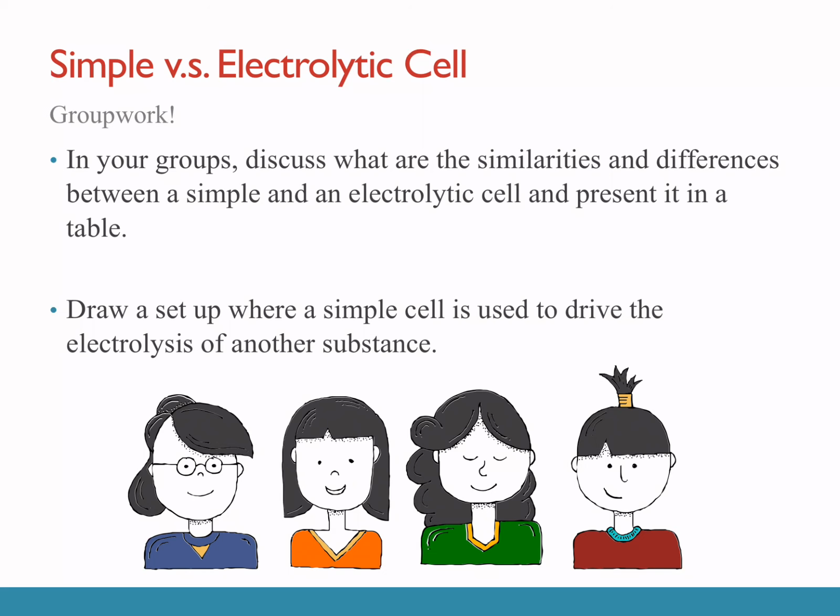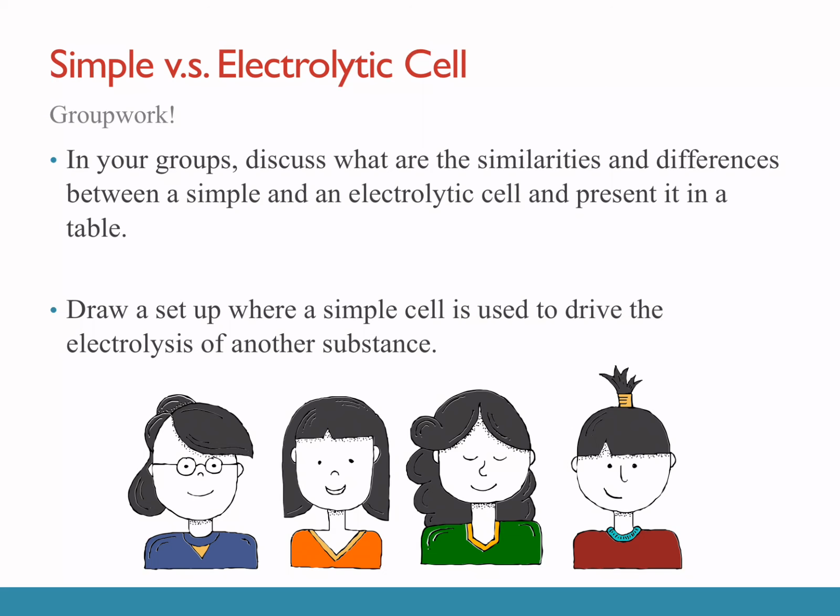You are not in groups, but you can still go back and think about the similarities and differences between a simple cell and an electrolytic cell and present it in a table. I think there's one blank page for your notes at the back, so you can draw a table there. You can also try and draw a setup where we have a simple cell that's used to drive the electrolysis of another substance. This is quite hard.